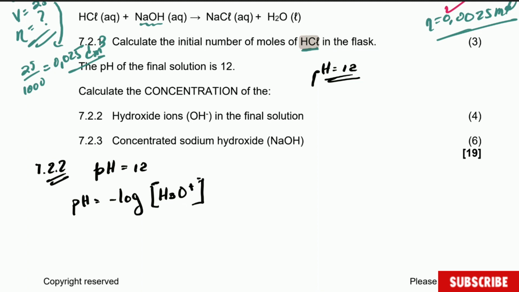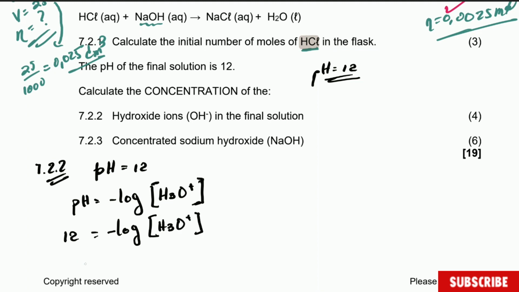So using this, we are going to calculate that concentration. If we substitute here, pH is 12. This is equal to minus log concentration of H3O+. This is what we are looking for.